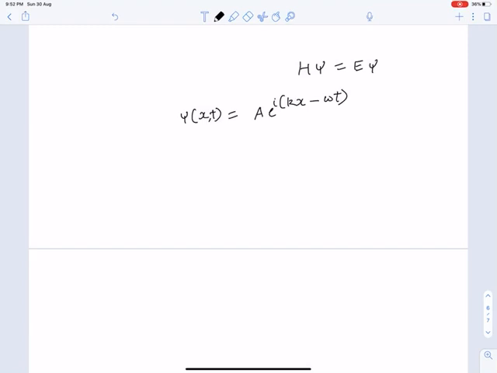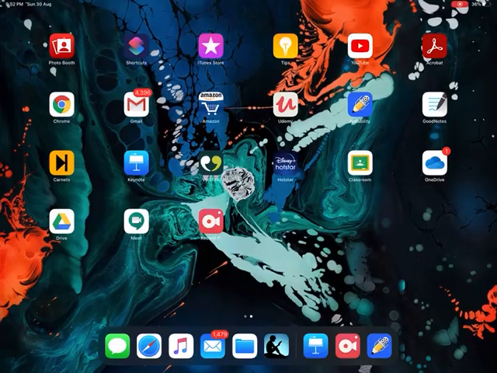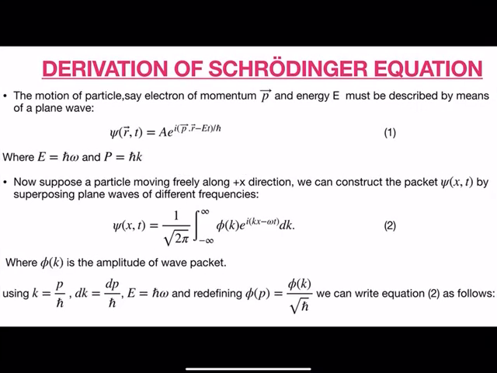What I have done is convert it to momentum p and energy E with the help of E is equal to h cut omega and p is equal to h cut k, where omega is your angular frequency, E is your energy, and k is your wave number.